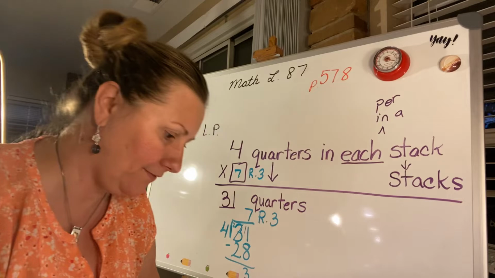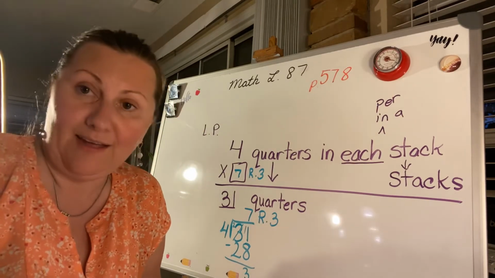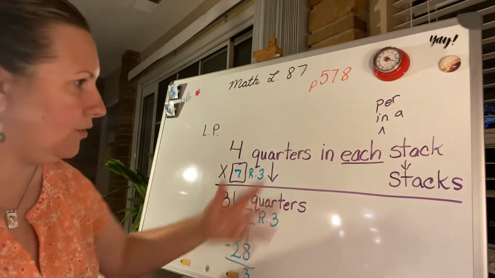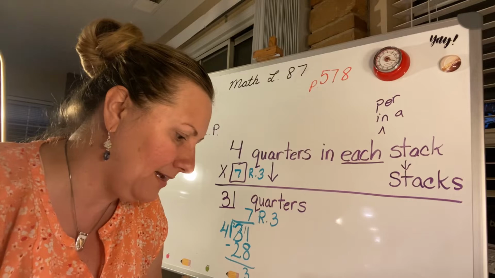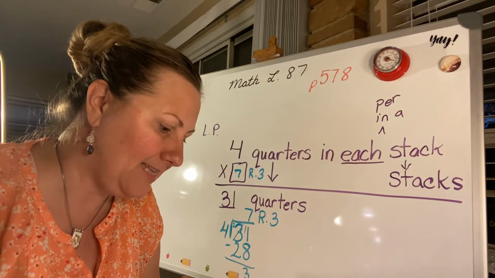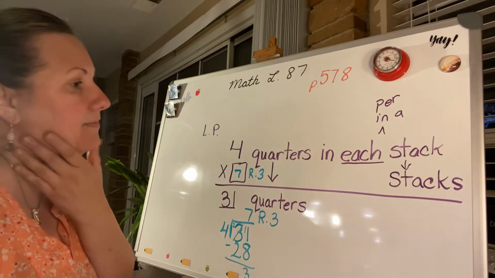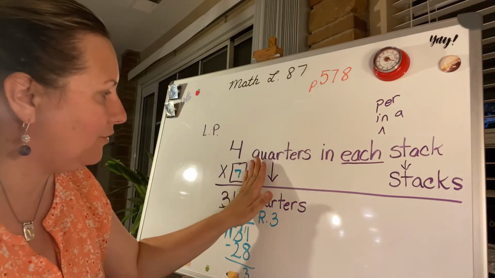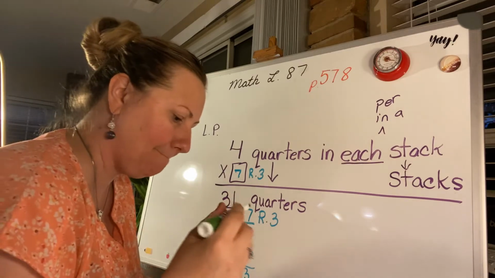So let's see the first question. We've already pretty much done everything to figure out the answers to the questions we will be asked. So letter C says, how many stacks of quarters did he make? Okay, so how many stacks before that remainder 3? There are 7 stacks.